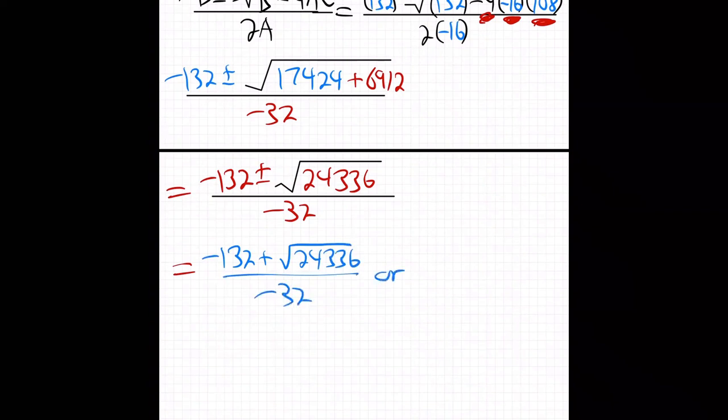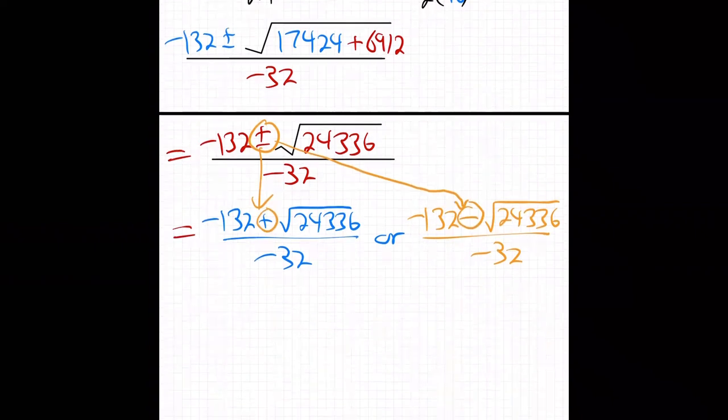Or what's the other option? Minus 132 minus the square root of 24336 over minus 32, right? So we have the plus and the minus option. Plus and then minus. Have those two different options. So we have to calculate both of them and see which one's really the answer.